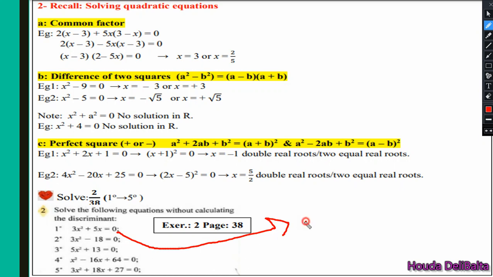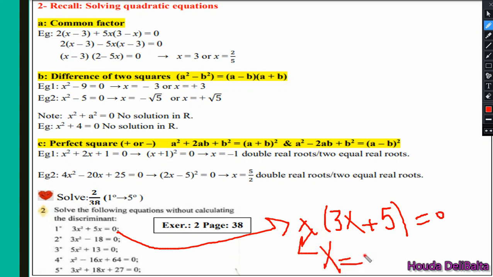Here I can take x as a common factor, and what remains inside is 3x plus 5 equals 0. Now this means that x is equal to 0, as you know. All of you know how to solve such equations. And here x is equal to minus 5 over 3. Okay, this is for part 1.